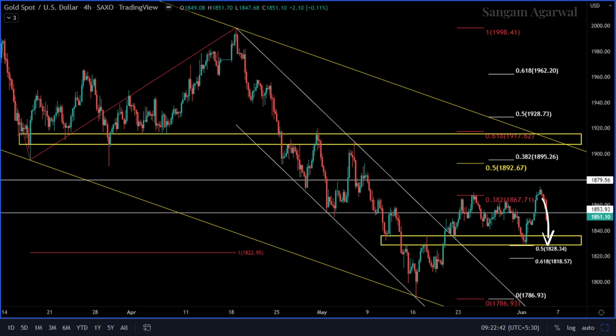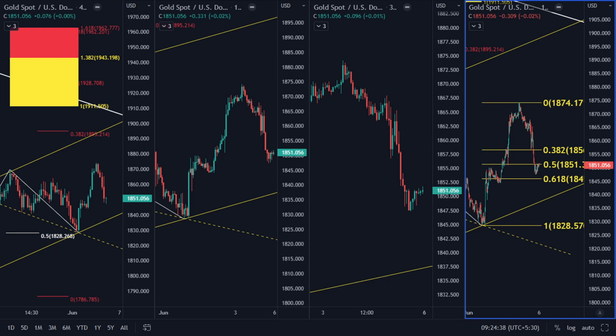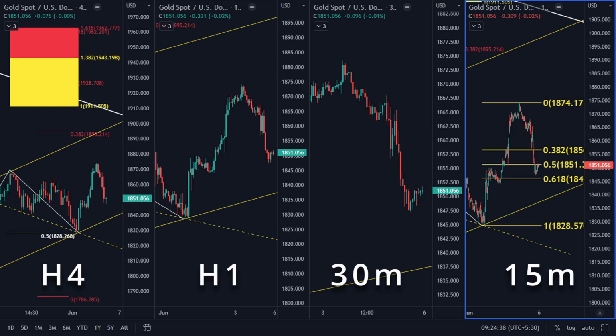And it has made this series of higher highs and higher lows, which confirms a bullish trend from this bottom at 1786. Basically, I have explained four key time frames for intraday traders: 15 minute, 1 hour and 4 hour.